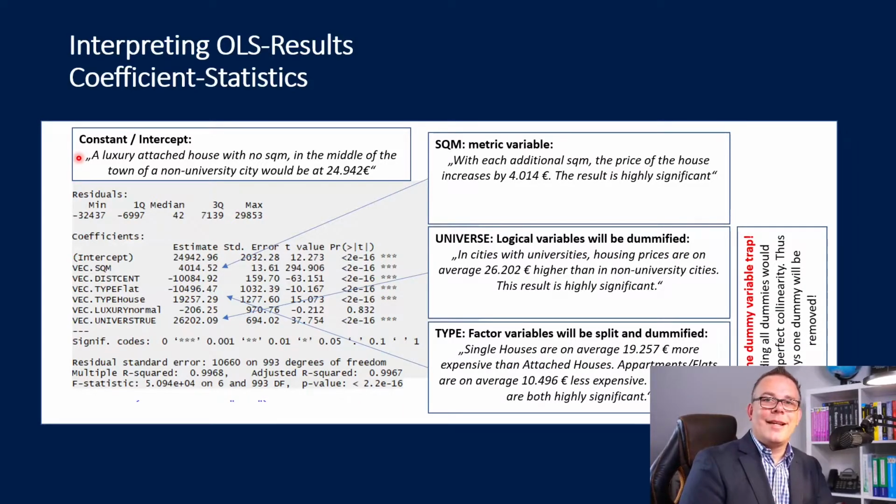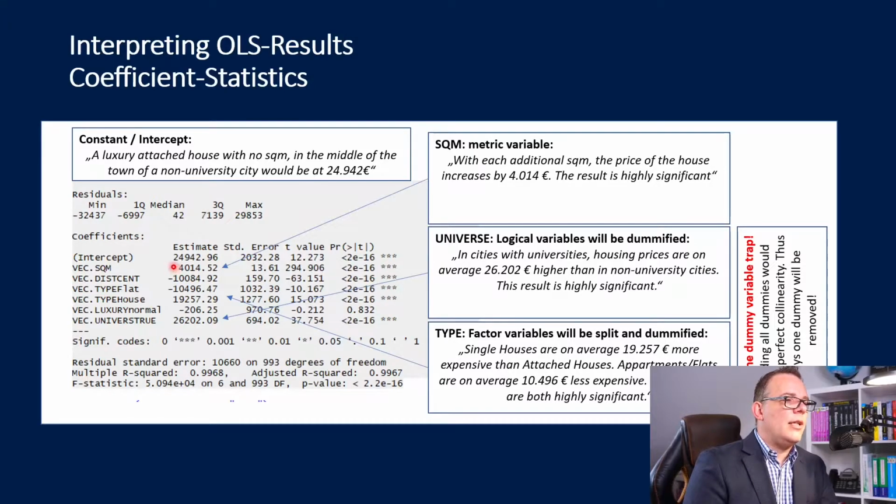Of course, that house does not exist at all. Nevertheless, it's our basis where we start. Now, of course, we can add additional square meters. Since there is no house with no square meters, we have to add square meters. And with each additional square meter, the price is climbing.